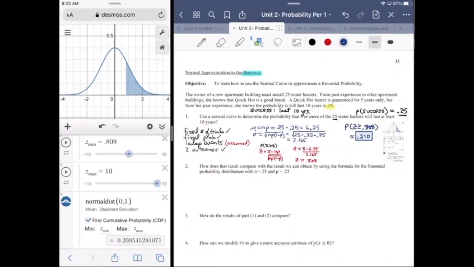So how does this result compare with the result we obtain by using the formula for the binomial probability distribution with n equal to 25 and p equal to 0.25?